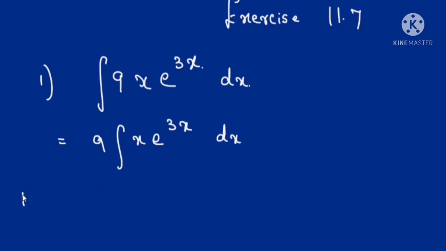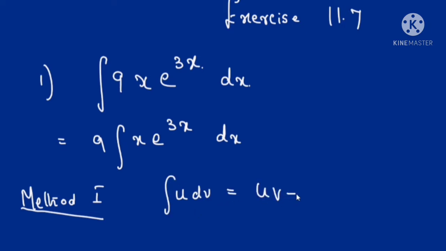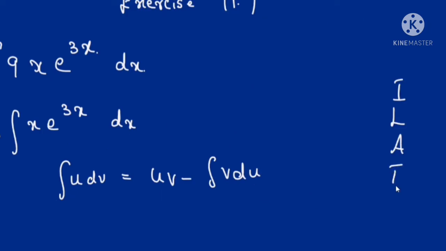So for the first method, I am going to use integration by parts, u dv. Integration of u dv is uv minus integral of v du. You have to choose one function as u, and you can follow the hierarchy rule I told you. x is the algebraic function and e power 3x is the exponential function.